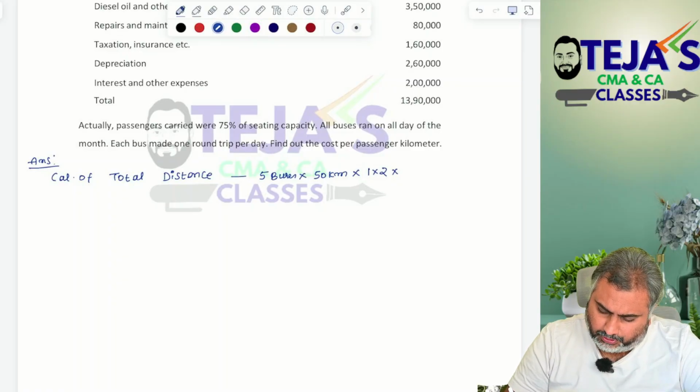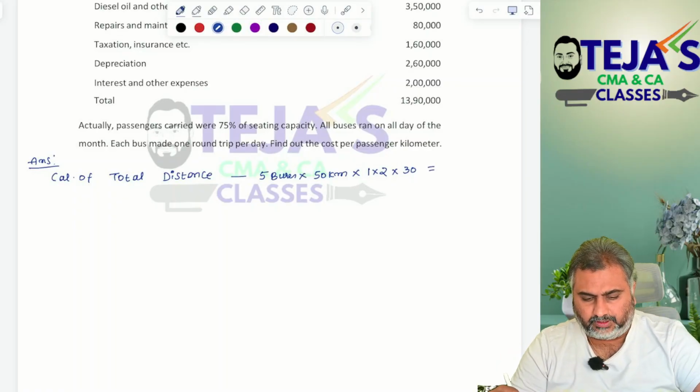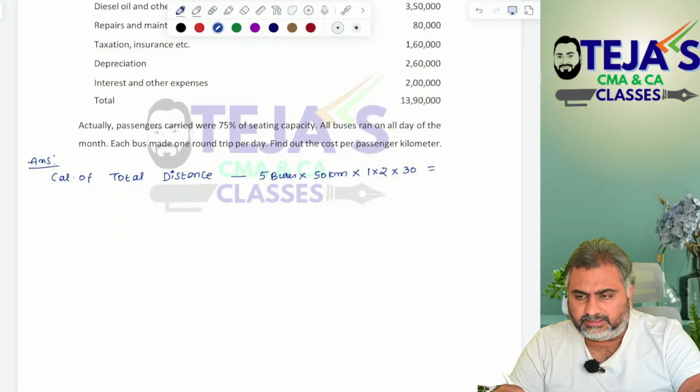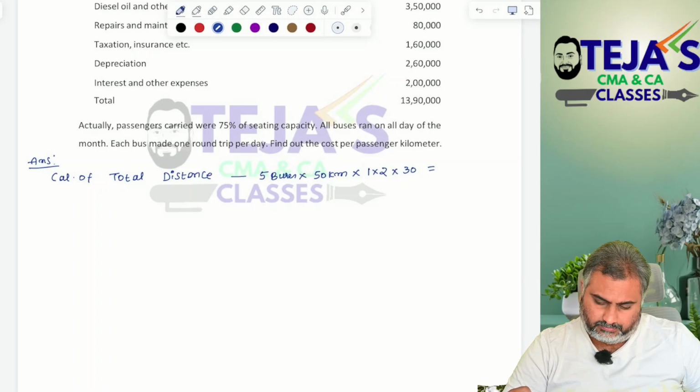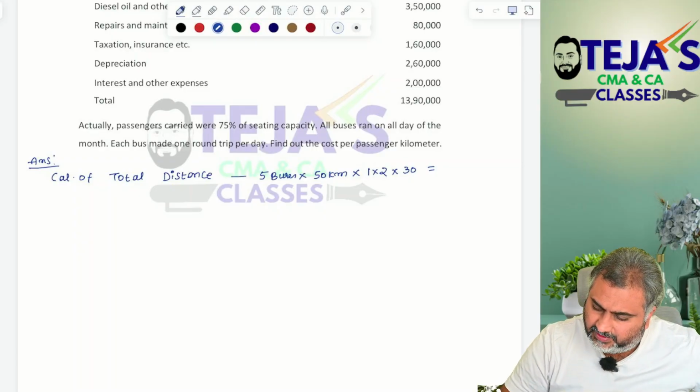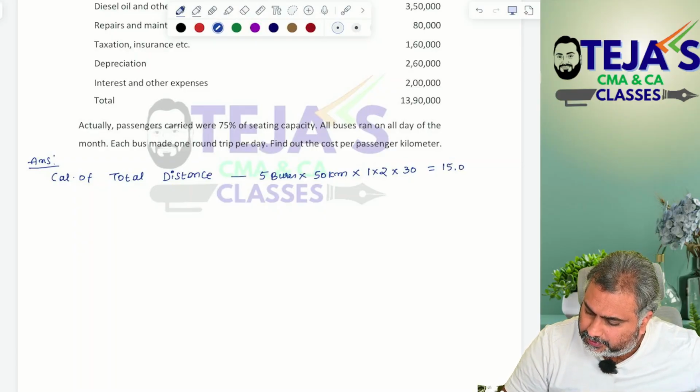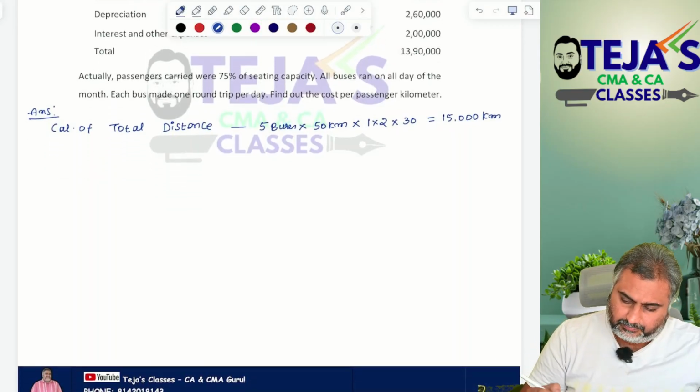They didn't provide the number of days, so let's take 30 days. Multiplying: 5 into 50 into 2 into 30, totally 15,000 kilometers.